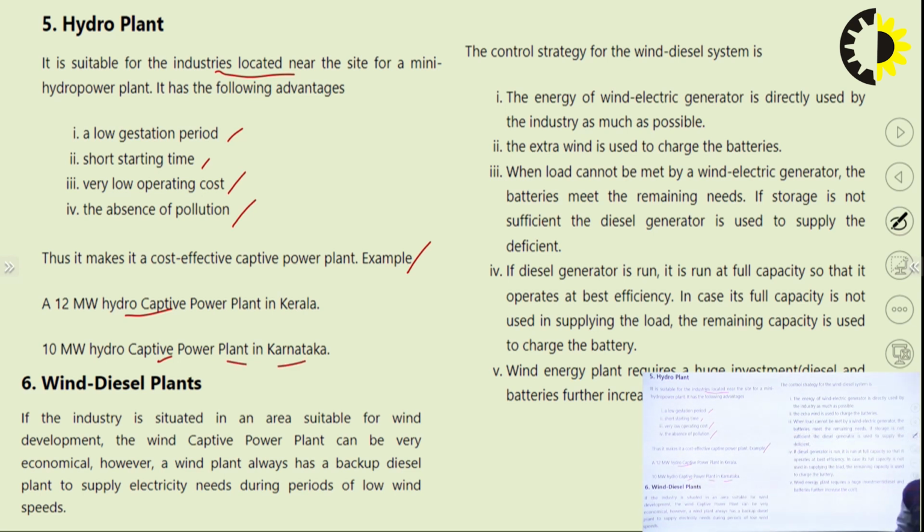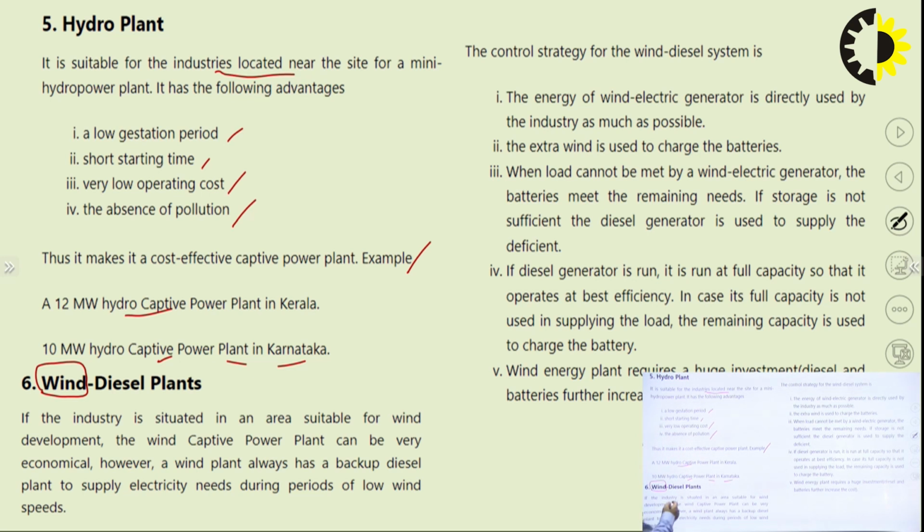Again, the combination of wind and diesel is very important, because as I said earlier, the wind speed is not constant all the time. Whenever the wind speed is below the cut-in speed, from where generation of the wind power plant starts, generation of the wind power plant will be 0.